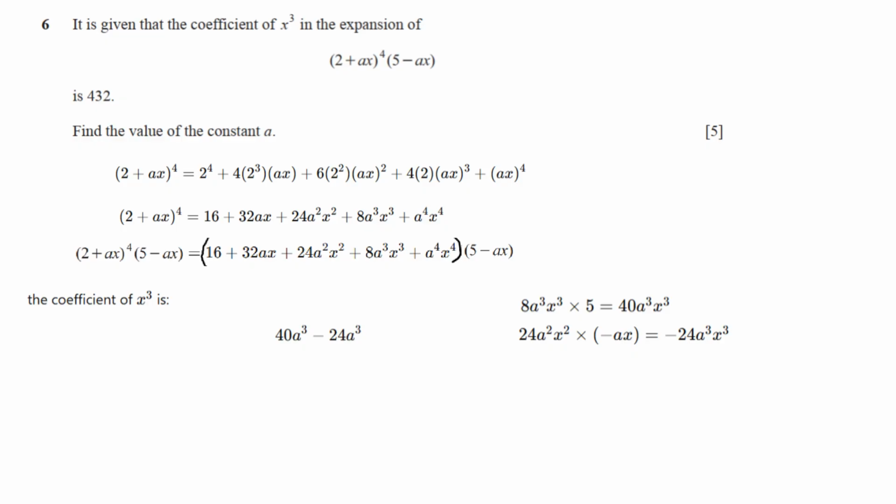So the coefficient of x cube is 40a cube minus 24a cube, which is equal to 16a cube. So it's given this is equal to 432. So 16a cube is 432. So a cube is 432 divided by 16, which is 27. And a is nothing but 3.